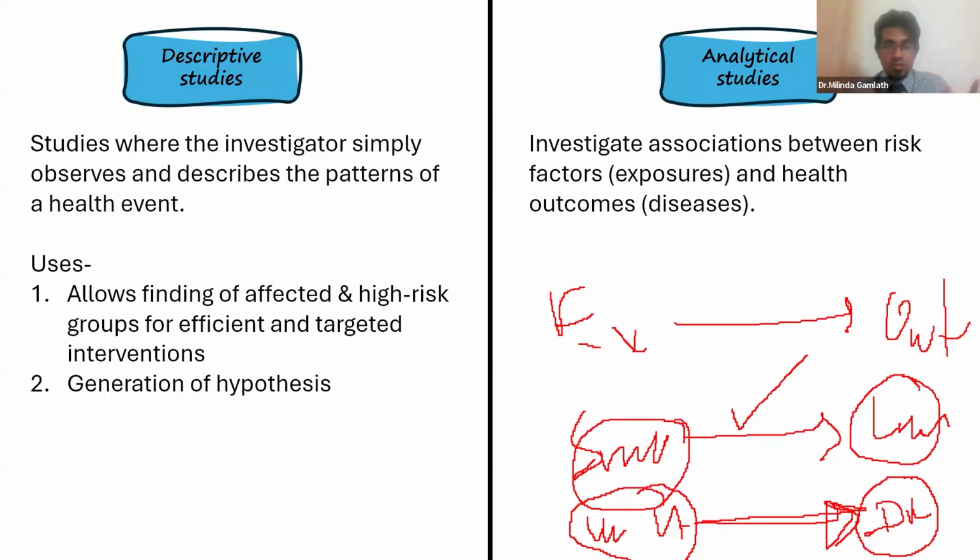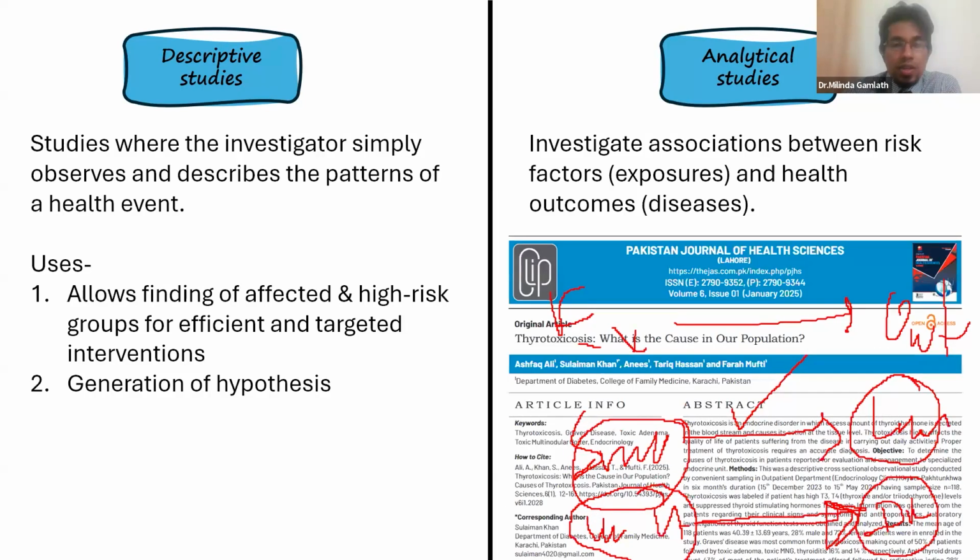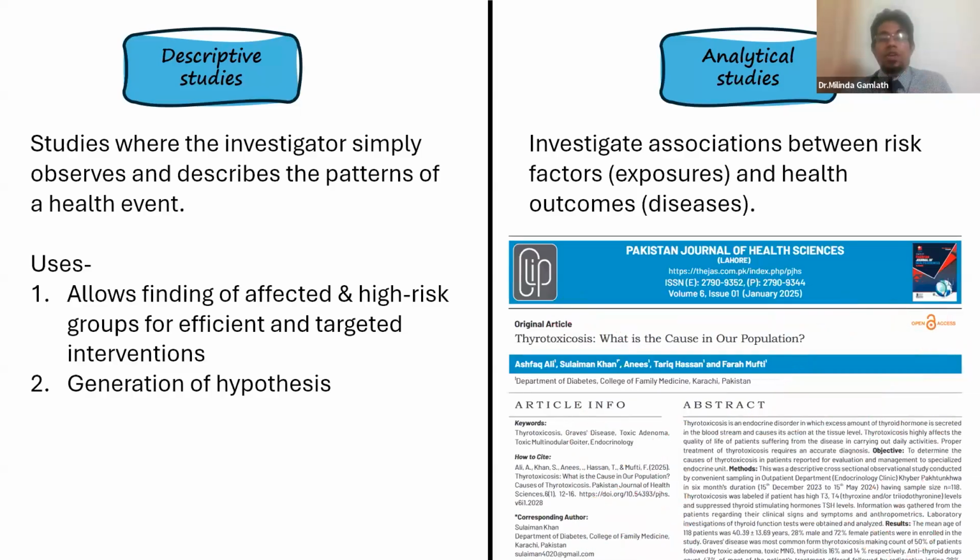Descriptive studies only describe what is happening. Analytical studies go into detail to find this association between exposures and outcomes. An example of an analytical study would be something like this. So this is a study which looks into what is the cause of thyrotoxicosis.